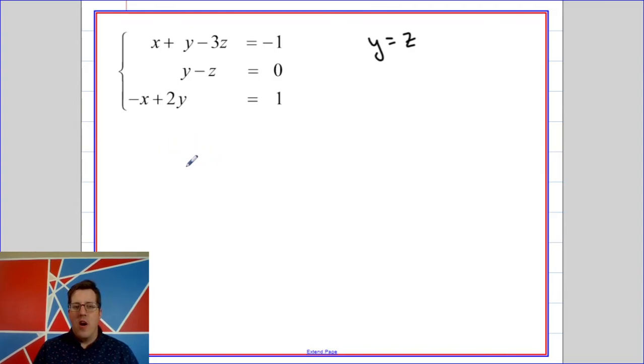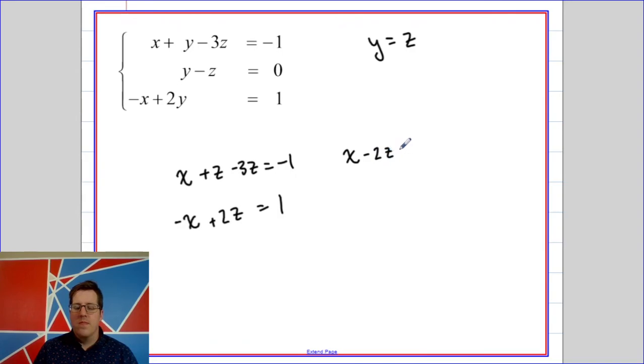Then plugging into the other two equations, I would have x plus z minus 3z equals -1, and negative x plus 2z equals +1. This simplifies to x minus 2z equals -1, and negative x plus 2z equals 1.